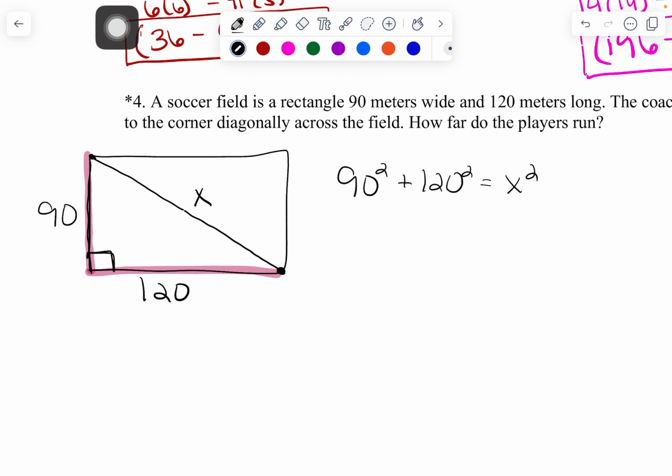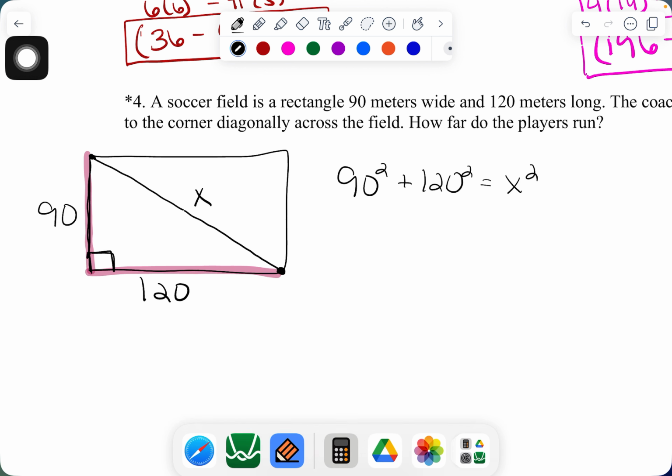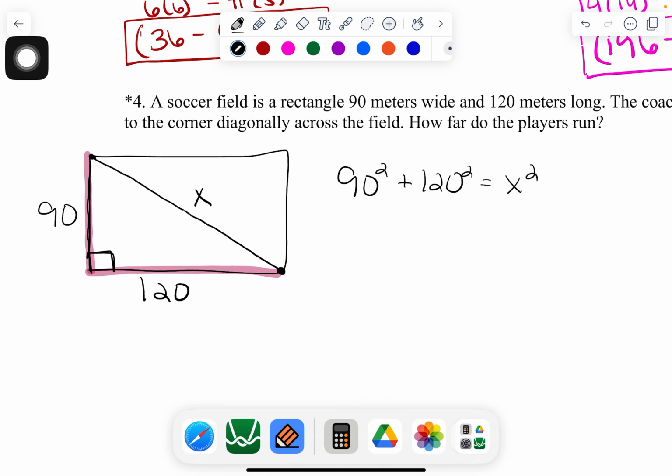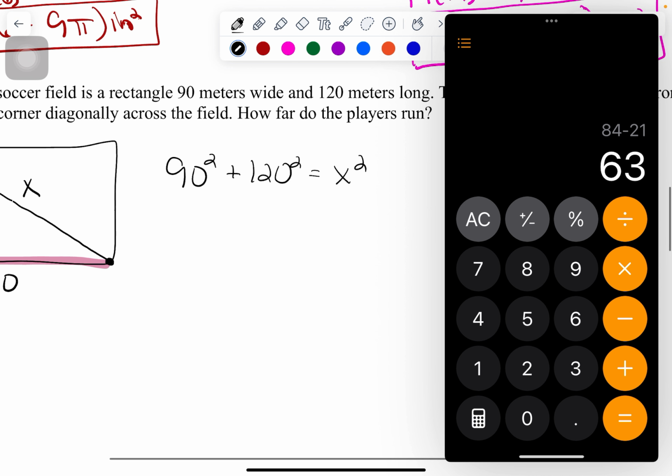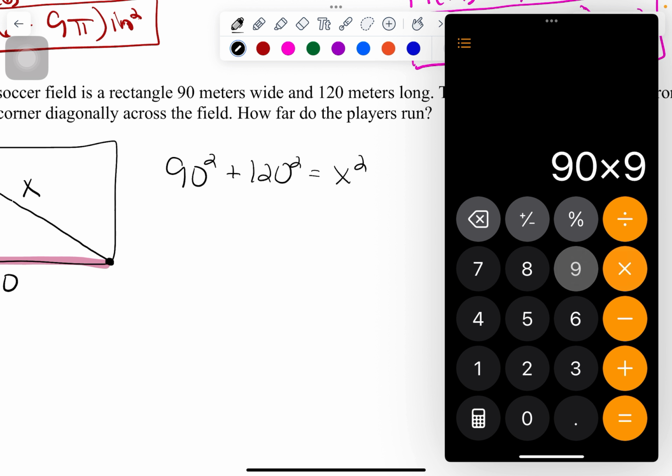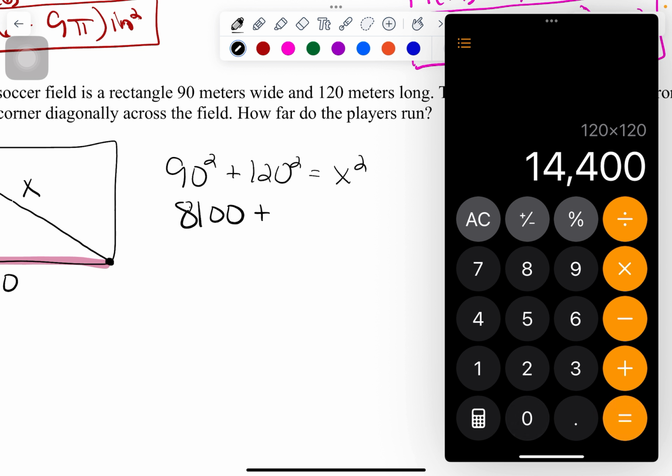I did mark this one with a little asterisk because this is absolutely going in my calculator. So let me pop the calculator up here. 90 squared, 90 times 90, is 8,100, plus 120 squared, that's 14,400, equals x squared.